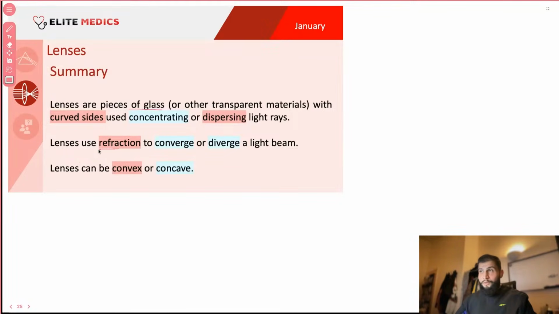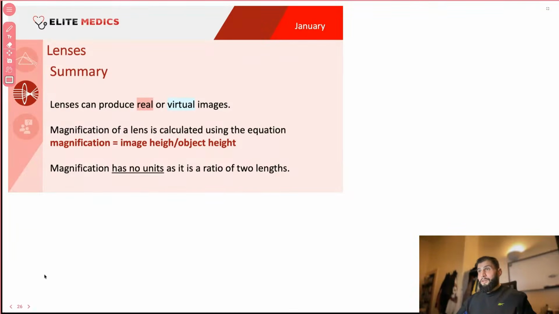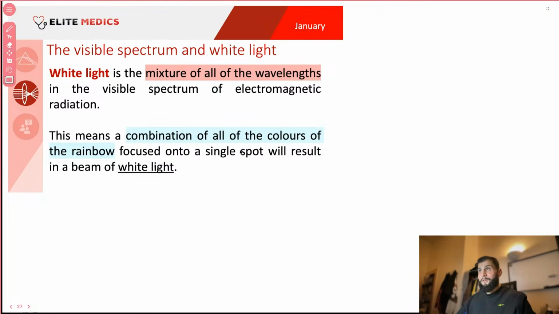Lenses then use refraction to converge or diverge light beams, and these lenses can either be convex or concave. We know that. And lenses can produce real or virtual images. Magnification, this is an important one. So magnification is image height over object height, and it has no units because it's a ratio. That's a very important point.